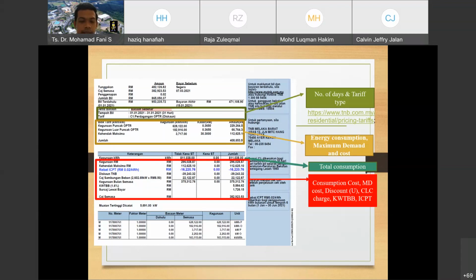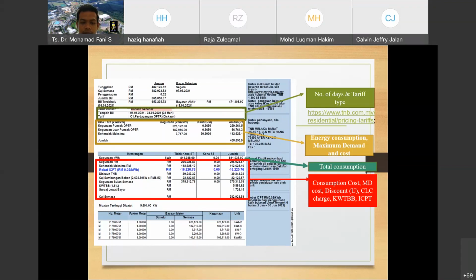If I'm not mistaken, 9,000 kilowatt for the MD declaration. Until now, because the period has not yet reached 6 years, we are still being charged the connected load charge.